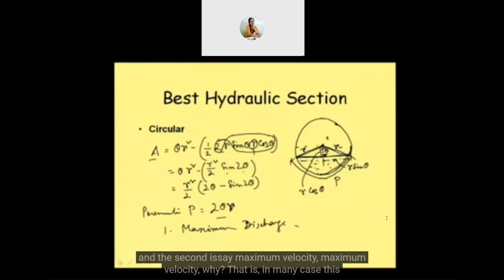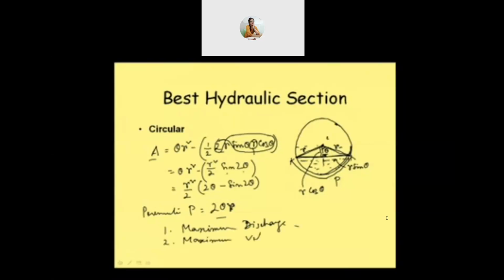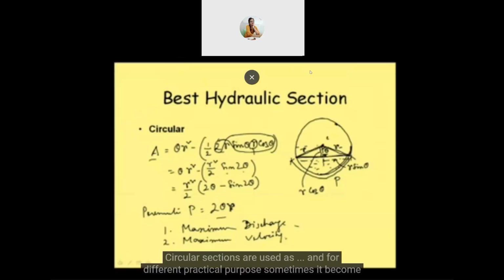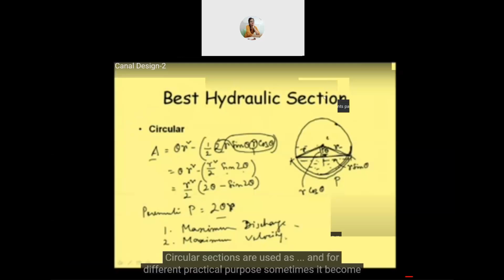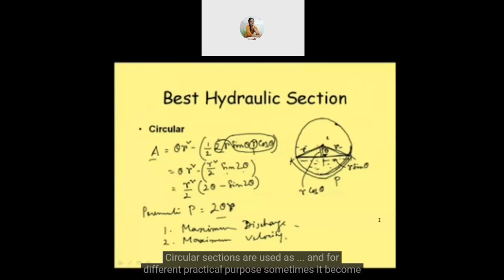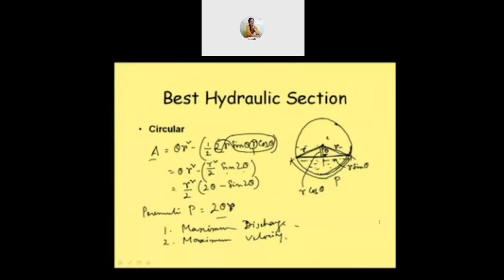The second is maximum velocity. Why? In many cases, circular sections are used as hume pipes and for different practical purposes. Sometimes it becomes necessary.